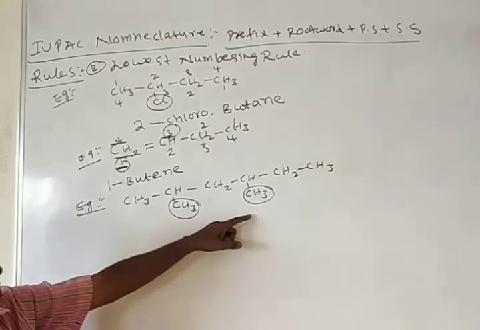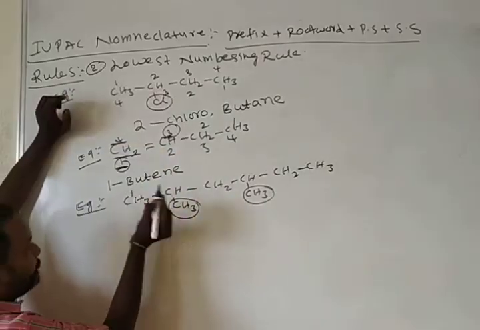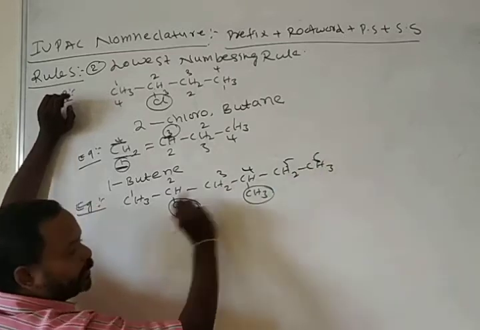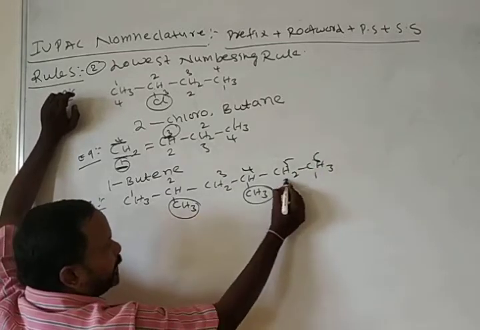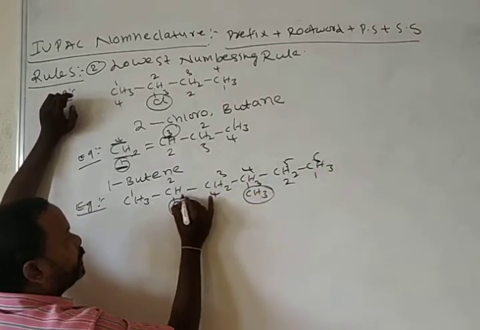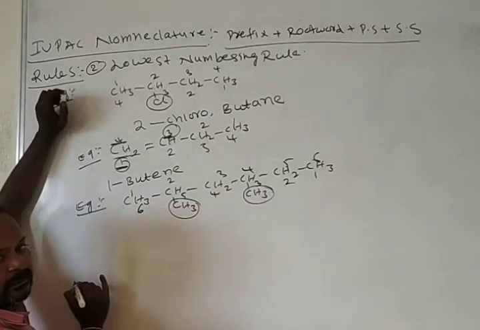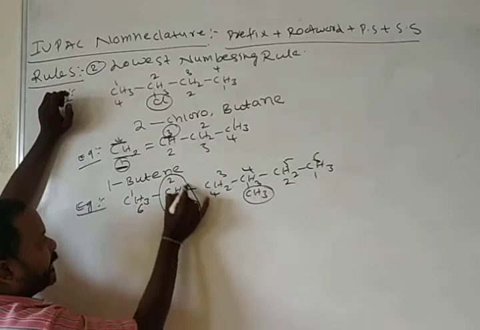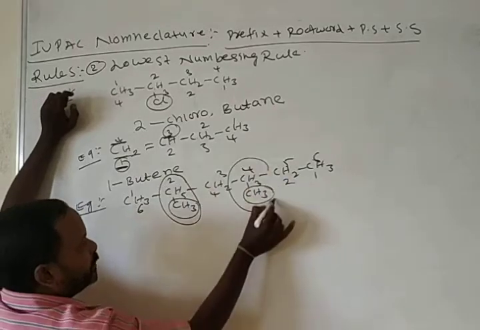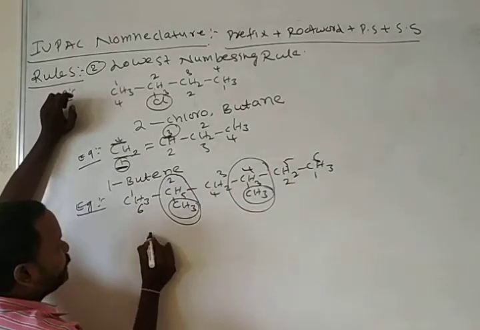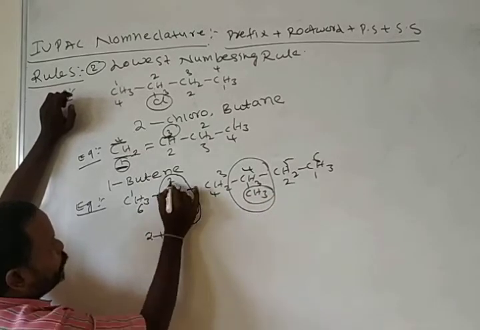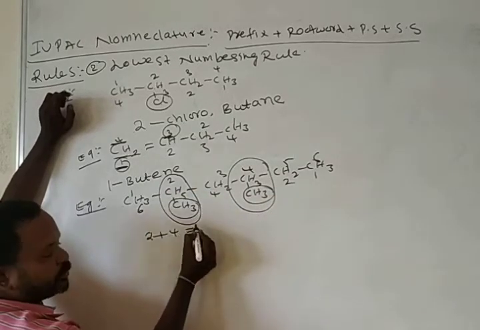Give the numbering 1, 2, 3, 4, 5, 6 from left to right. Here the substituent-containing carbons are the second carbon and the fourth carbon: 2 plus 4, the positions while numbering left to right.